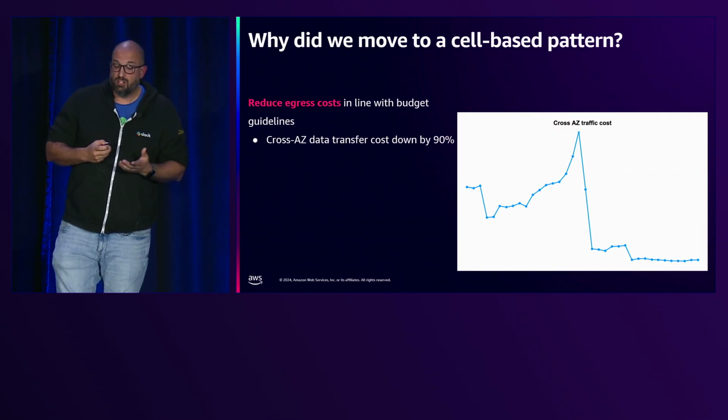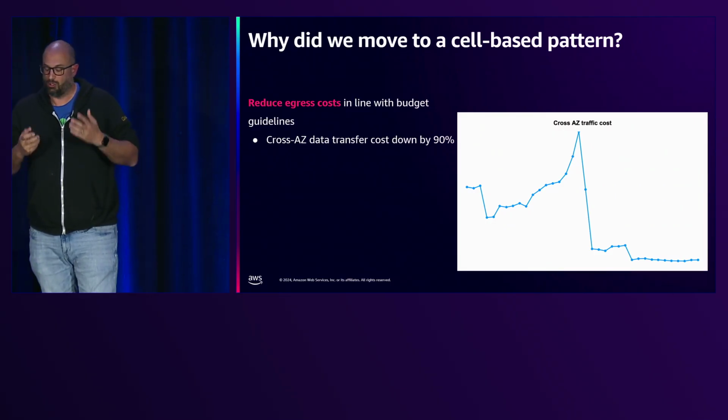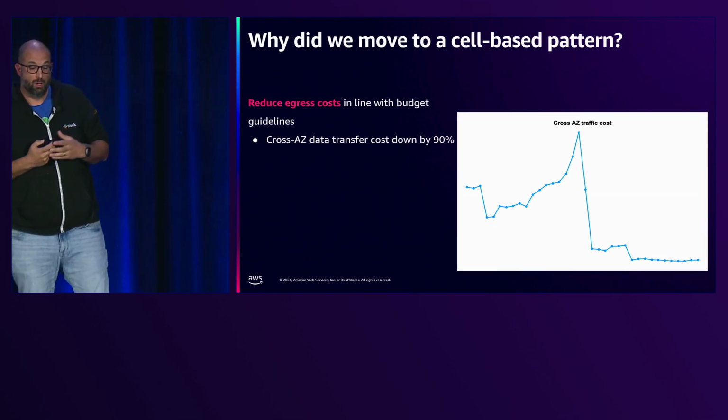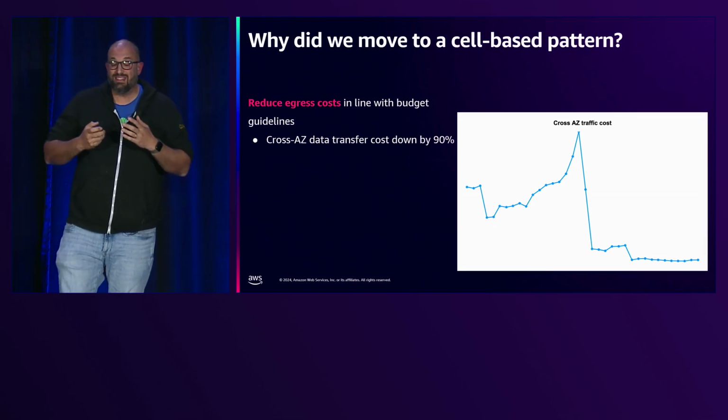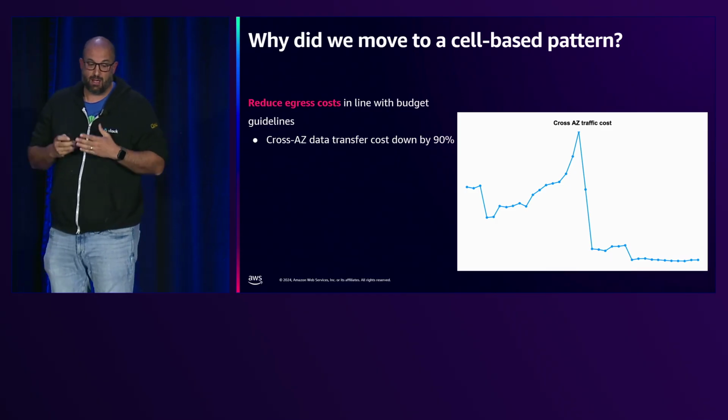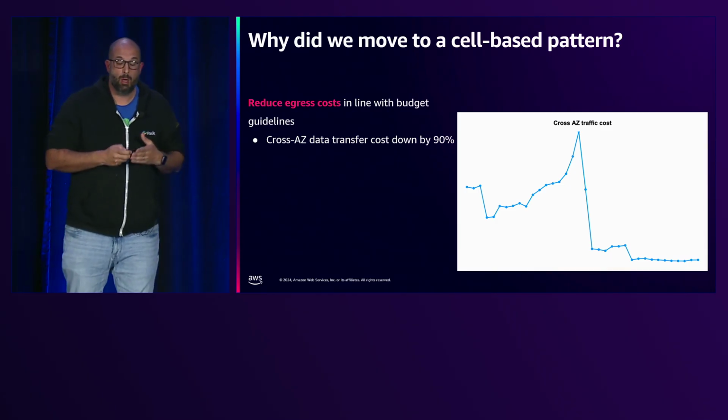Finally, the last reason we wanted to move Slack to a cell-based architecture pattern was to help reduce our cost platform. By ensuring traffic stays within an AZ once it enters the cluster, we've reduced our cross-AZ data transfer cost by 90%.